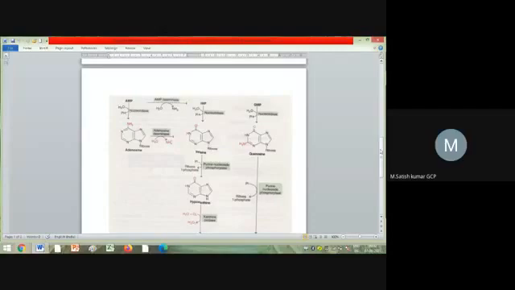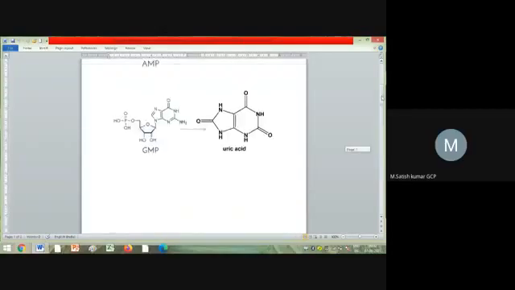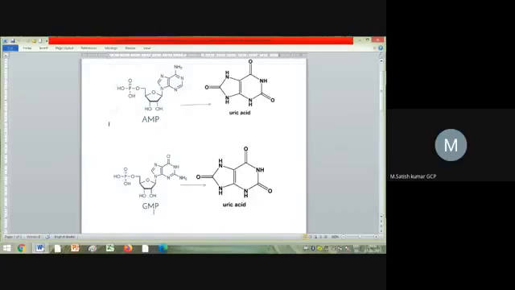So this is about degradation of purine nucleotides. These two purine nucleotides, AMP and GMP, are degraded, finally forming uric acid by various reactions: deamination reactions, dephosphorylation reactions, phosphorylation reactions, and oxidation reactions.